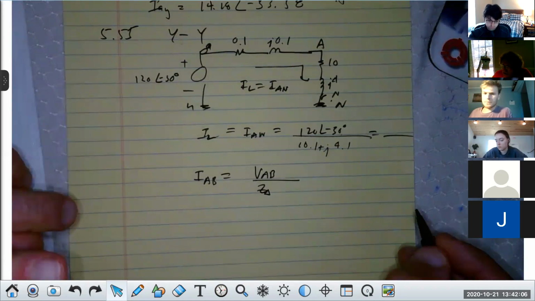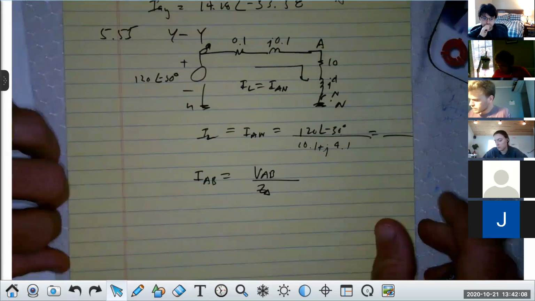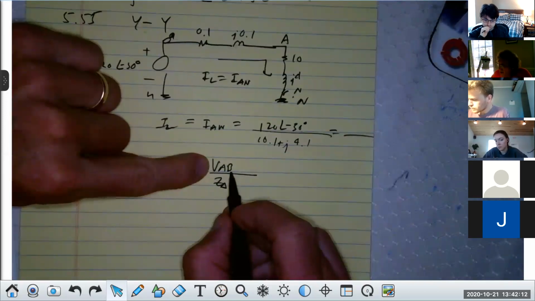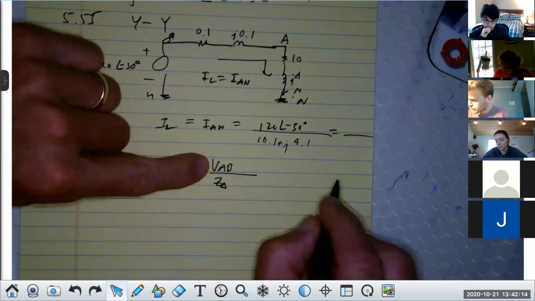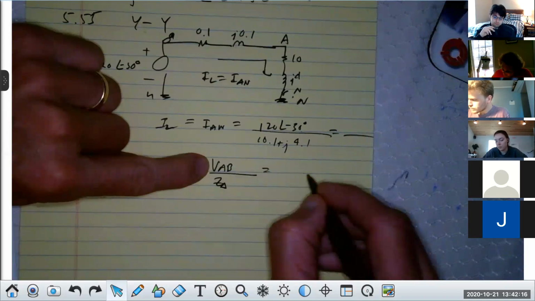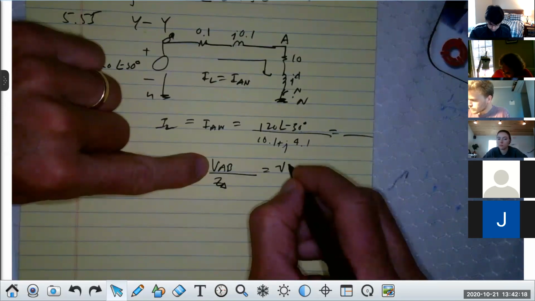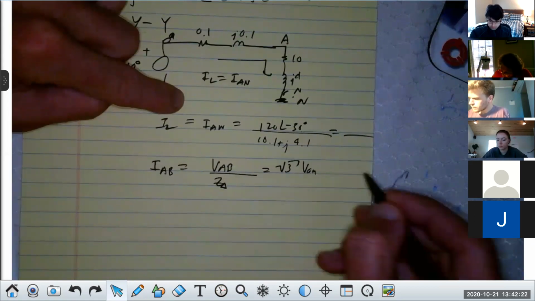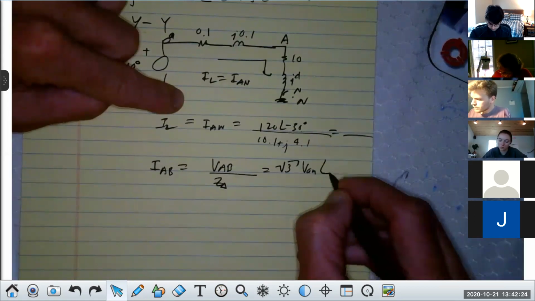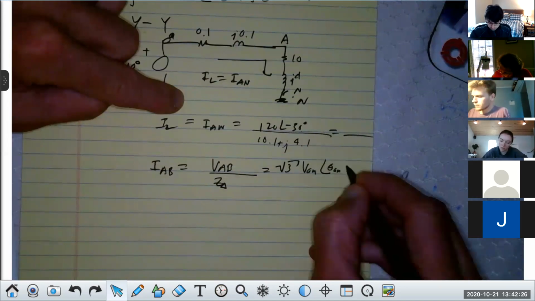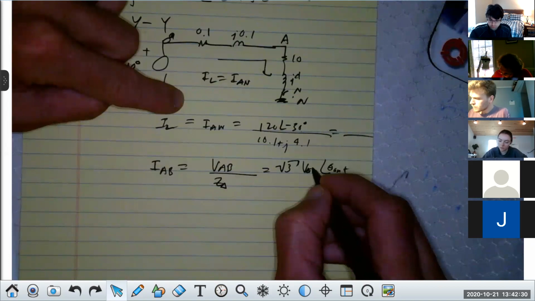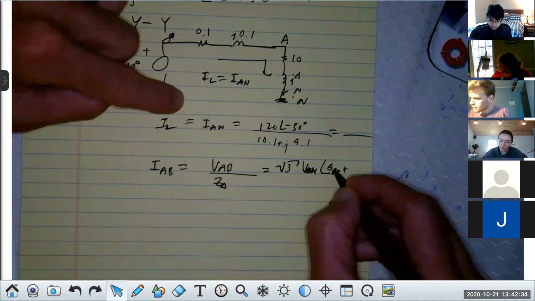Now just listen to me carefully. V_AB at the load end, I'm going to prove to you something you're going to use over and over again. That would be equal to the square root of 3 times the magnitude of small V_AN, with the angle of AN plus 30 degrees.